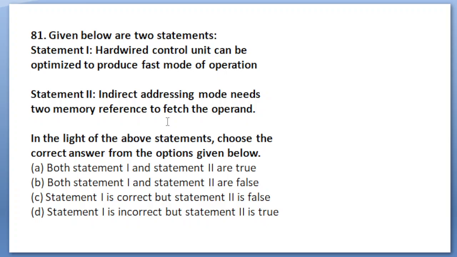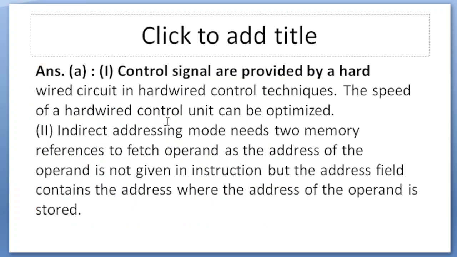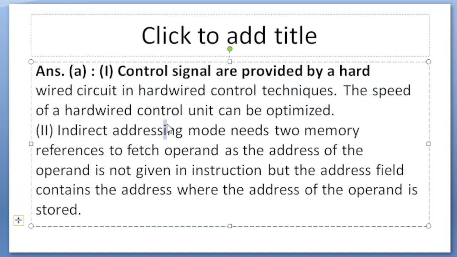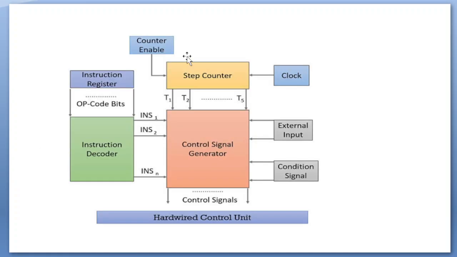Let's look into the statements. Here they mentioned that the control signals are provided by hardware circuits in hardware control techniques. The speed of the hardware control unit can be optimized. I will first give a detailed explanation about the hardware control unit.